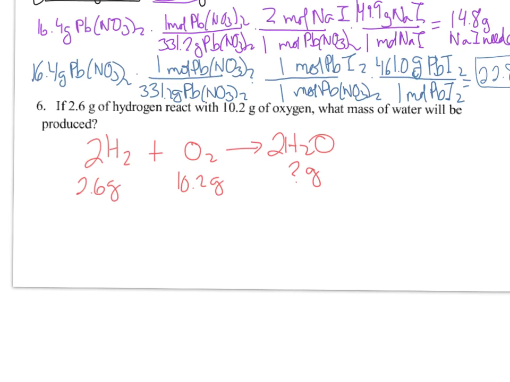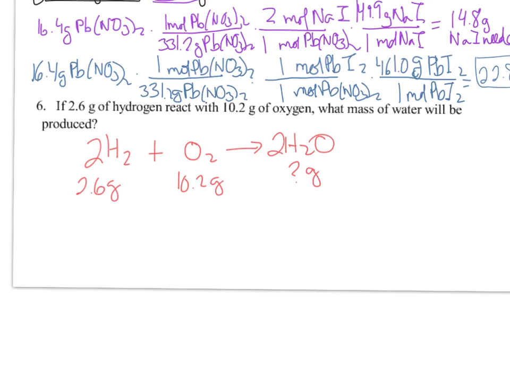Let's try the other one. Maybe some people would like the other way better. The other way is to start with this one, solve for how much product you form. Start with this one, see how much product you form. Whichever gives you the least amount of product, that's your limiting reactant. In this case, both ways are just the same amount of work, so it really is just personal preference. We'll do the second way just so that you have it in your notes there.